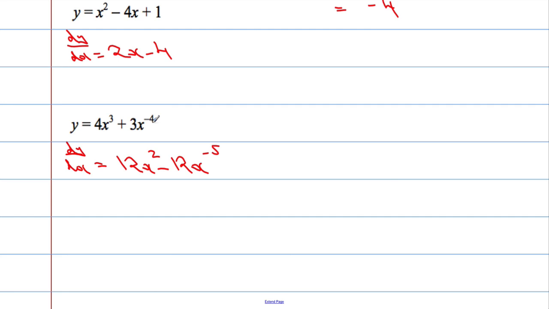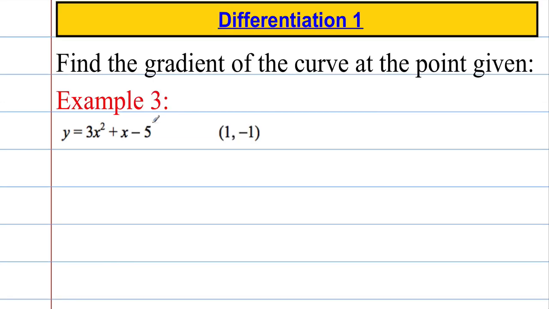Let's look at a little bit more application of it. So I want to find the gradient of the curve at the point given, or the gradient of the tangent to the curve, if you like. So I've got y equals 3x squared plus x subtract 5, and the point given is (1, -1). To find the gradient of the curve, I need to find the gradient function. So let's get dy by dx.